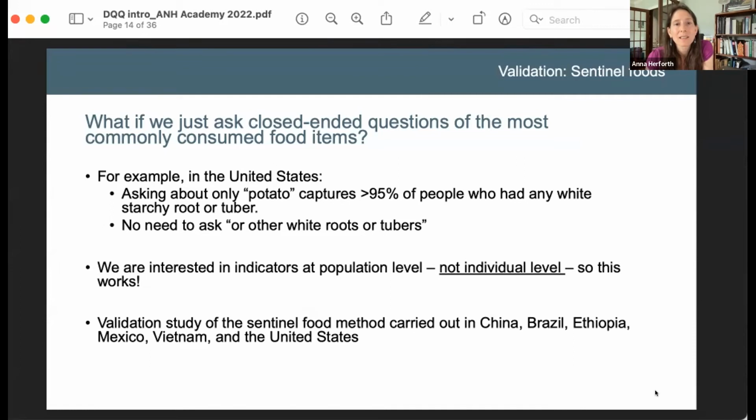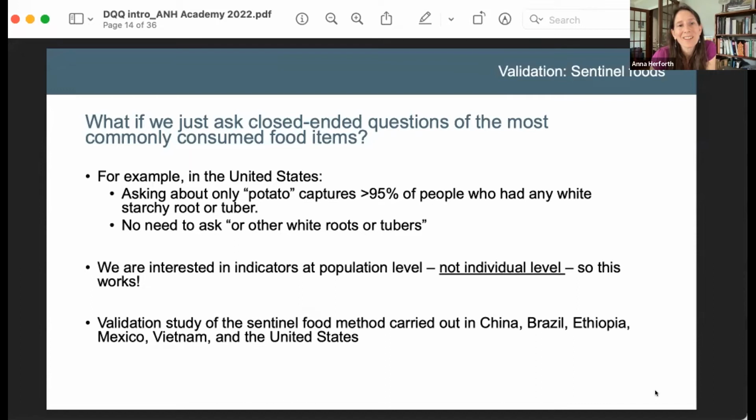And because this is really designed for monitoring at population level, that's okay. We don't need to capture every food that might possibly have been consumed, because there's a long list of items that could be consumed, but they're just at the tail with less than 1% consuming each of those items, whereas there are some really big ticket common items that will capture almost everybody.